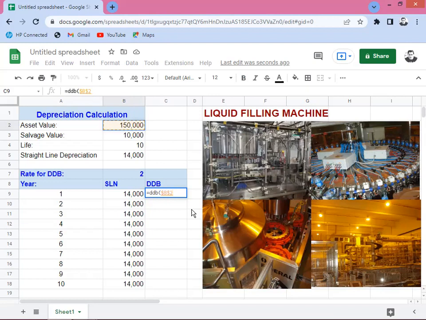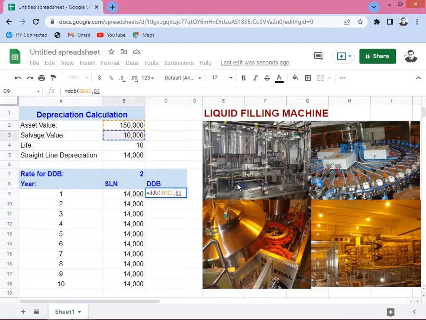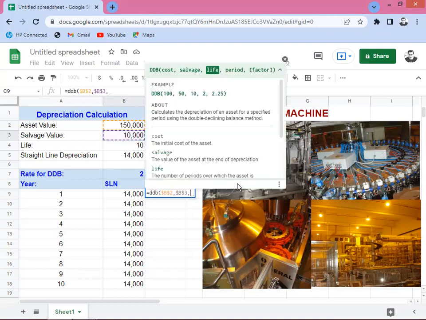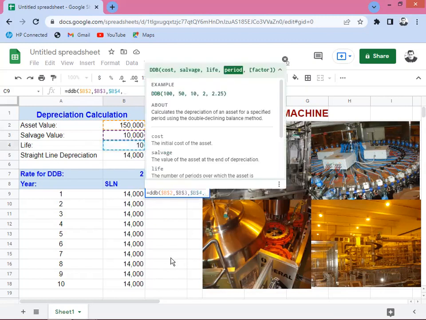Again, F4 for absolute cell reference. Then comma. The next one would be the salvage value, $10,000. Then again F4. Then the next one would be life, the useful life of the machine. Again F4. Then comma.